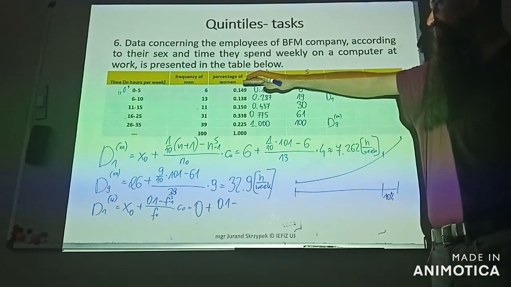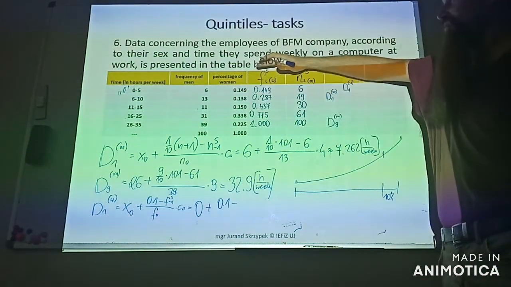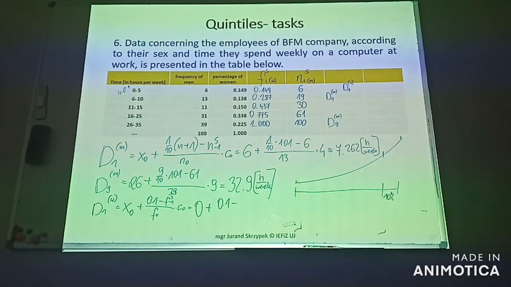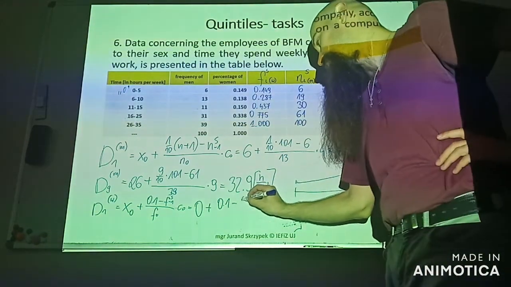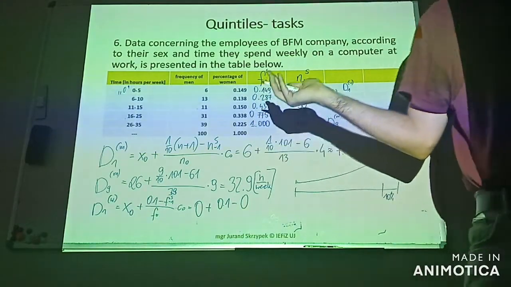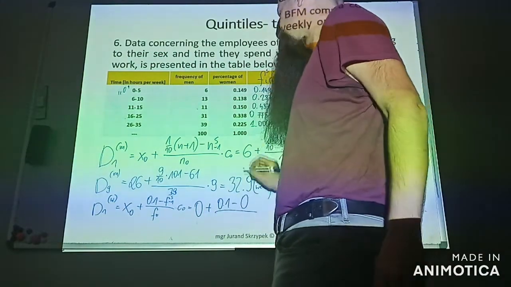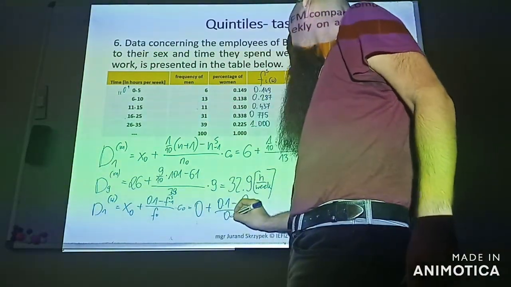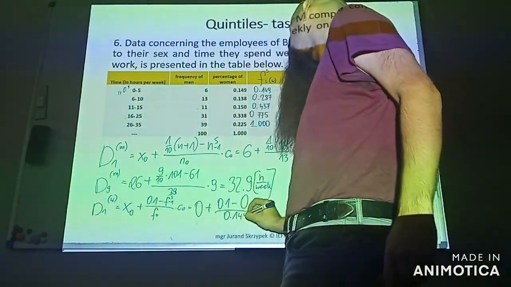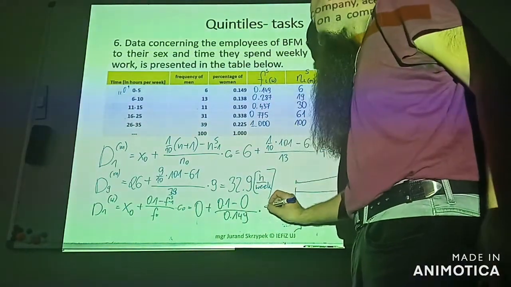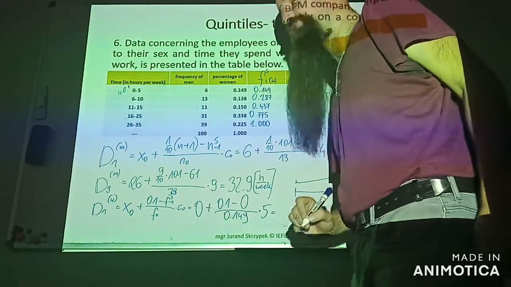In the situation when we don't have any previous class, it is equal to 0 because there is no previous class. Minus 0, divided by f0, which is 0.149, multiplied by the range of that class, which is 5.